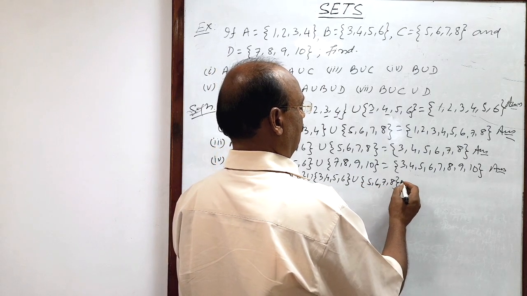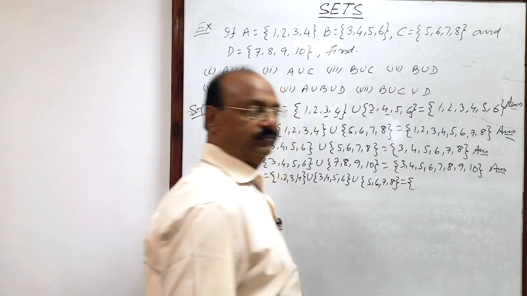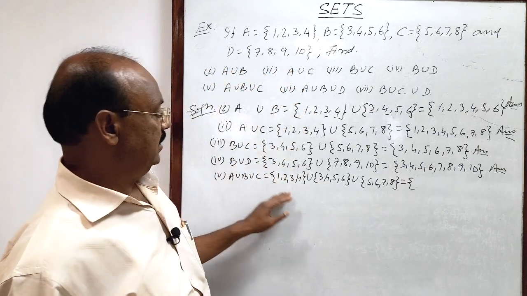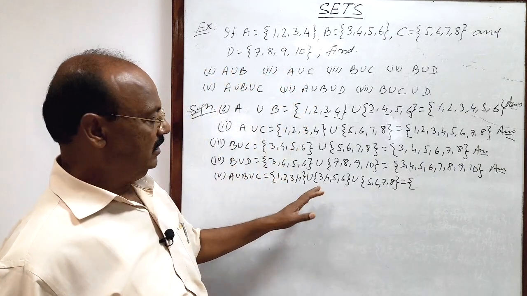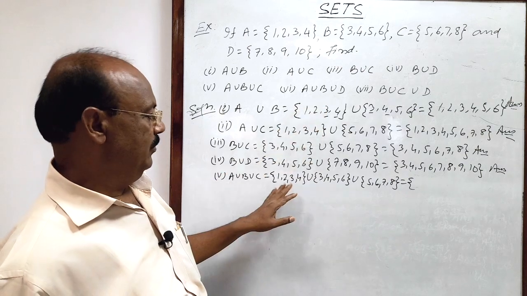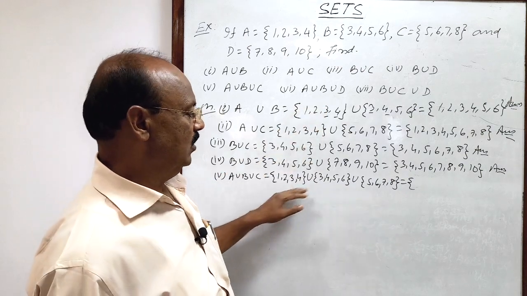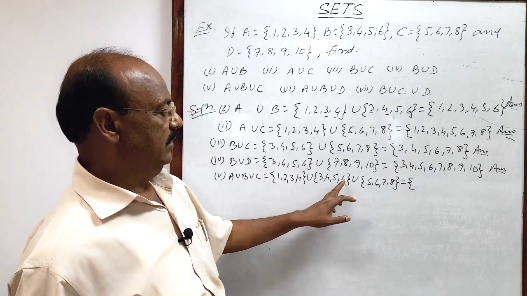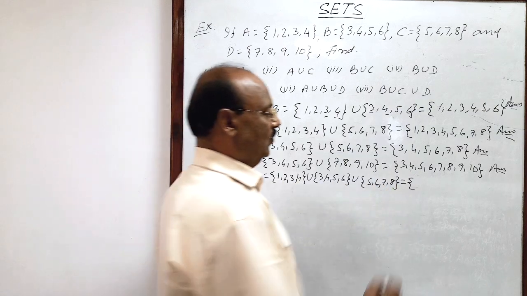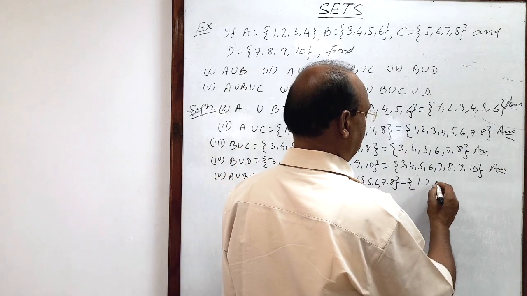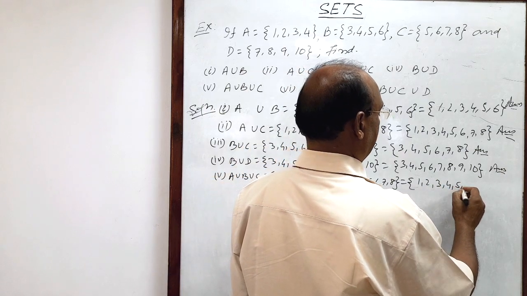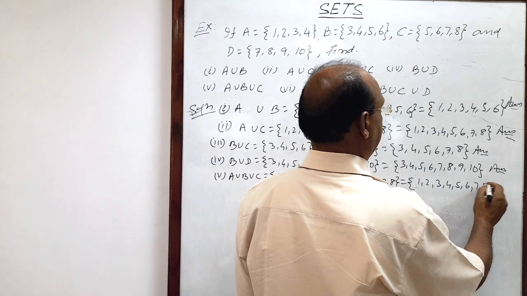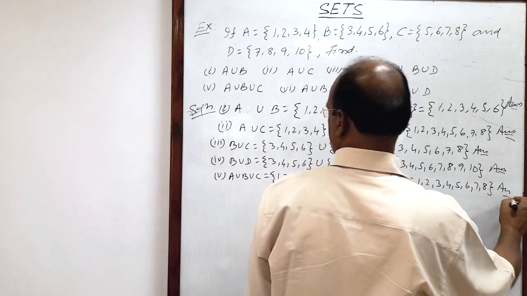So let us find the union of these three sets. Similarly, we collect all the elements from all the three sets. So the elements are 1, 2, 3, 4, 5, 6, 7, 8. This is the answer here.